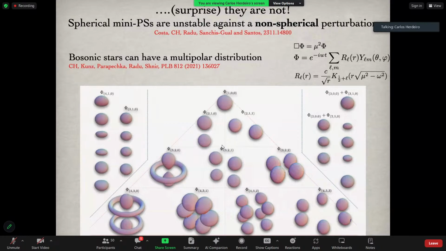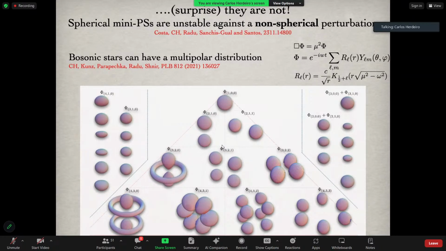It's written then in terms of this modified Bessel function of the first kind. Now, this solution is in flat space for the Klein-Gordon equation, and it's not regular. It diverges at the origin. But minimally coupling this Klein-Gordon field to gravity and turning on gravity regularizes these solutions.